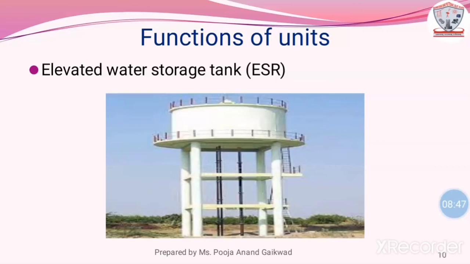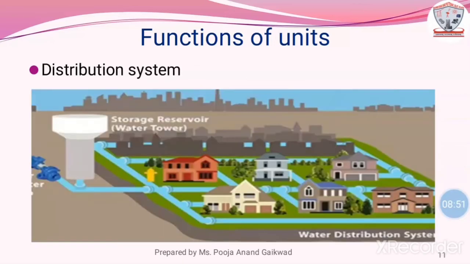The image shows an ESR. Distribution system. In this image, we can see how water is distributed from the elevated water storage tank to individual houses. We can also see the network of pipelines in detail.